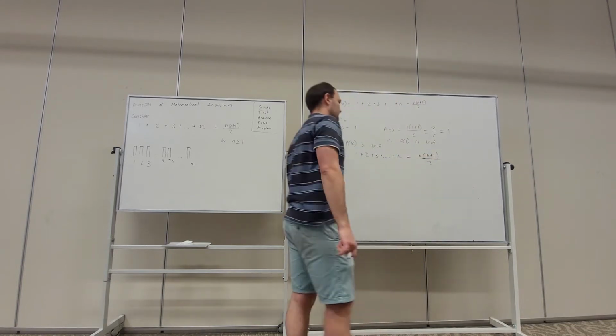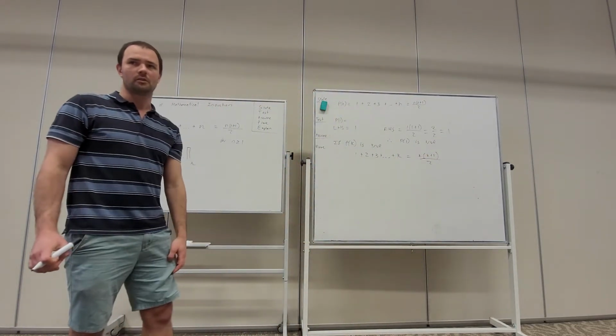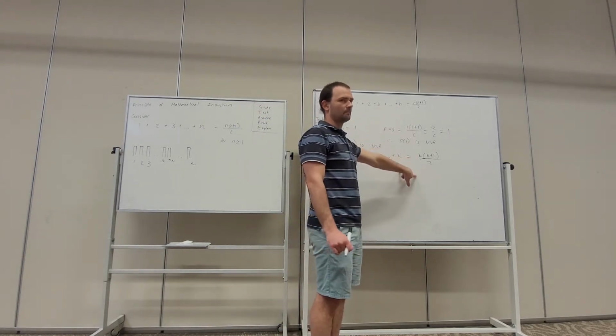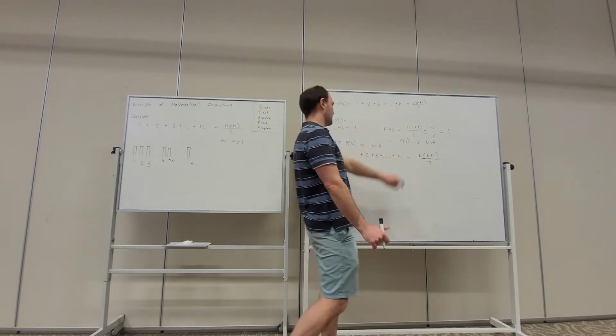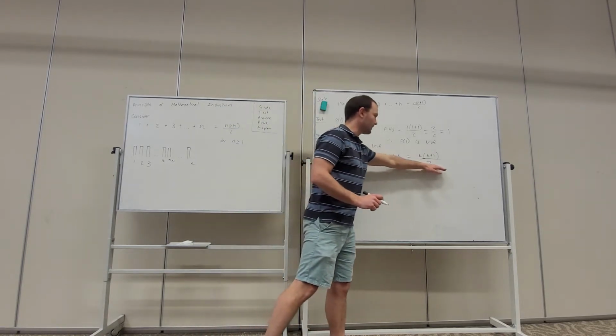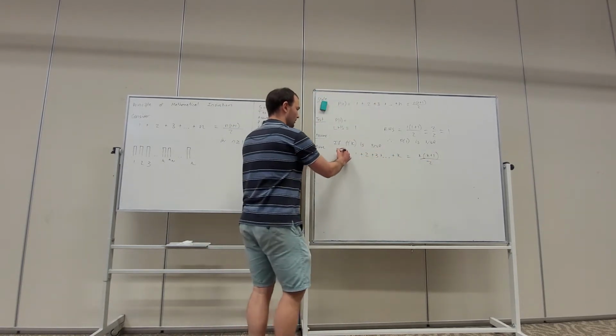All we've done is restate this in terms of k. We're not proving the thing, we're proving k. If P(k) is true, then this is P(k). I'll write that up here as well.